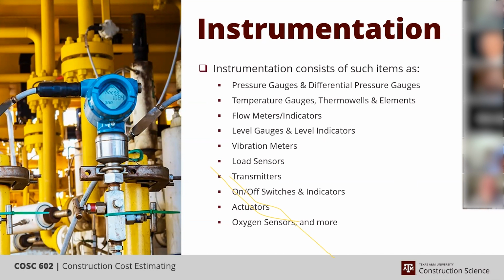But if you have a pump and there's a pipe going in that's 75 psi and it's coming out the other end at 125 psi, you'll have an instrument that's tied to both of those lines and then measuring the difference between the two, because maybe the design is they're expecting a 50 psi increase coming out of the backside of that pump.